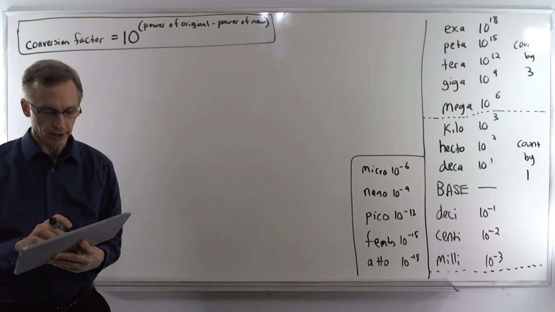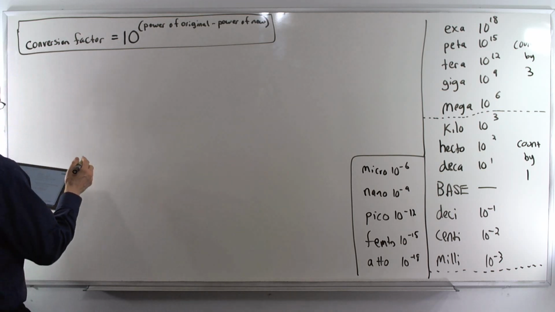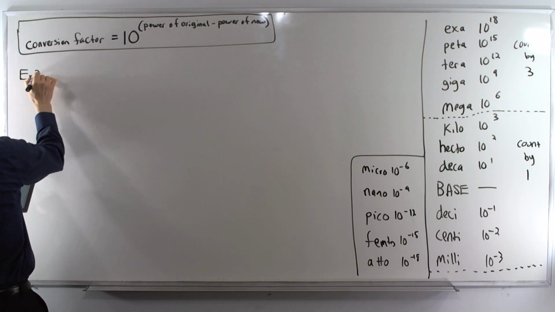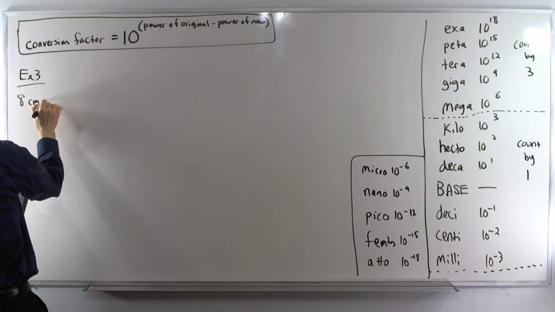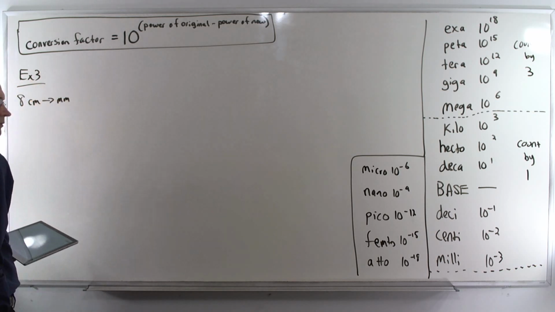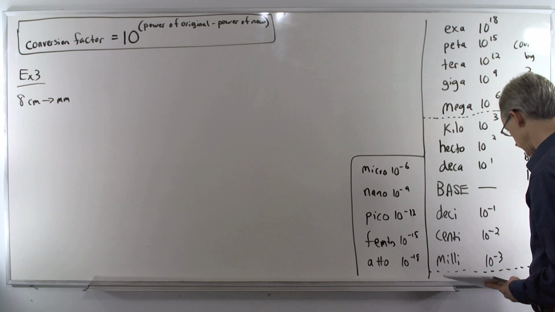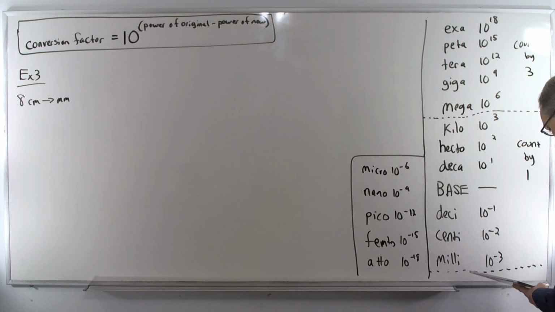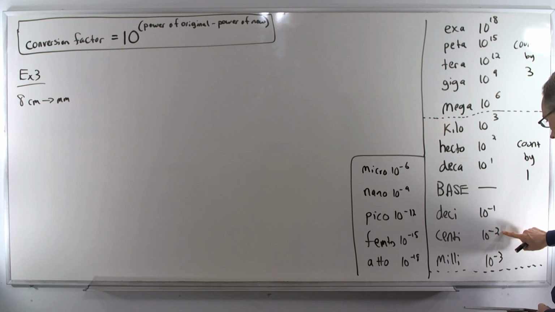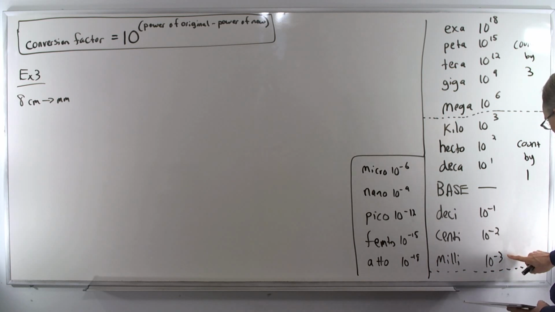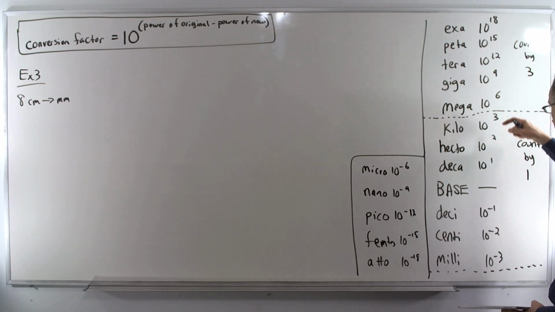Let's change, in example 3, 8 centimeters to millimeters. We're going to go over here to the table, find centi and milli. We're starting at centi, going down to milli.